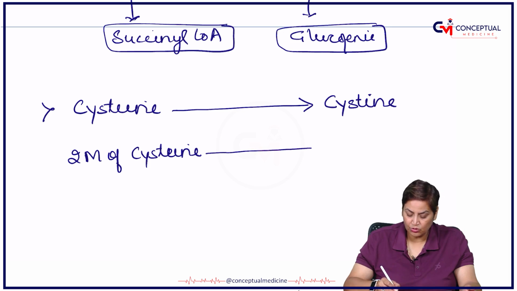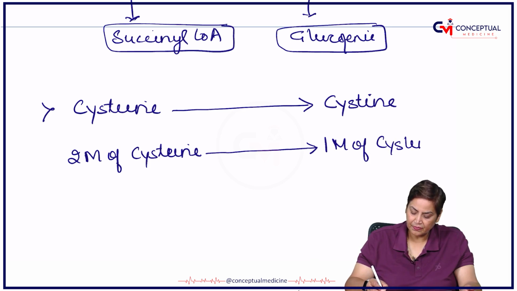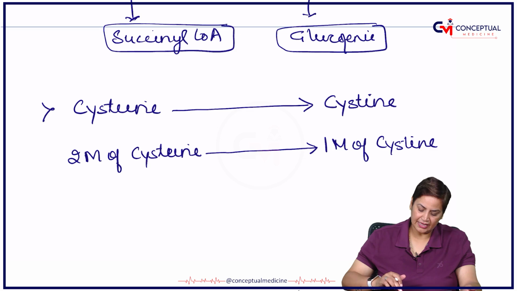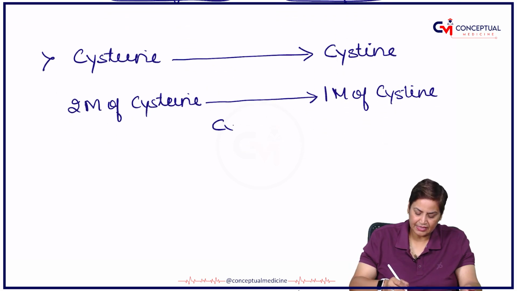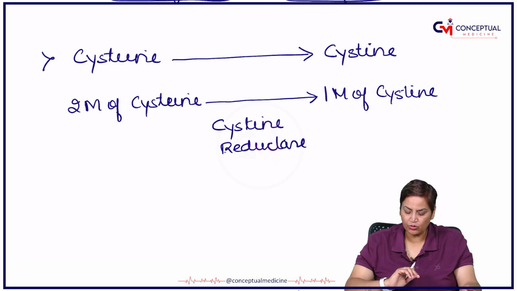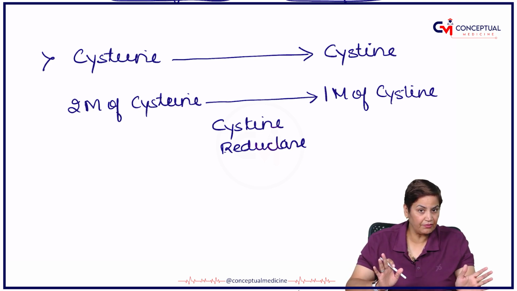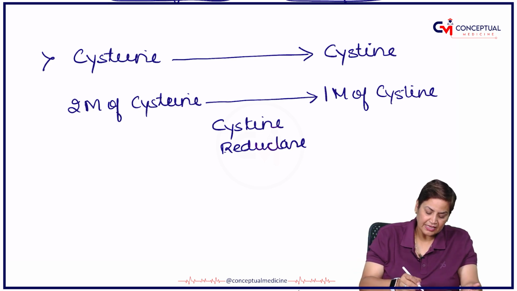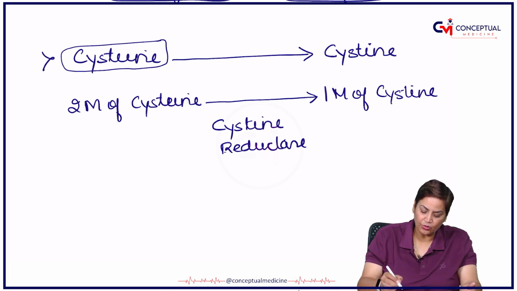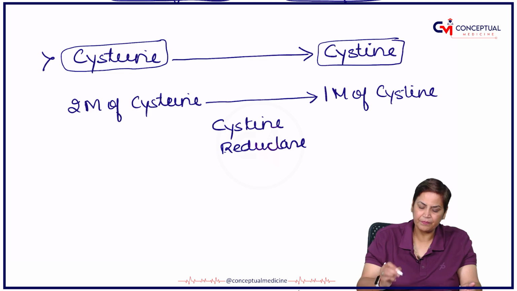So two molecules of cysteine form one molecule of cystine. And if we talk about the enzyme here, enzyme is cysteine reductase. And what happens here is it is going to form a disulfide bond, right? So this is how cysteine is converted to cystine.